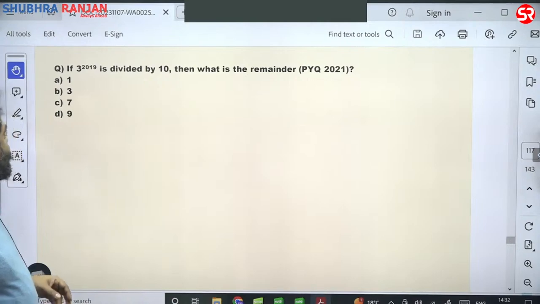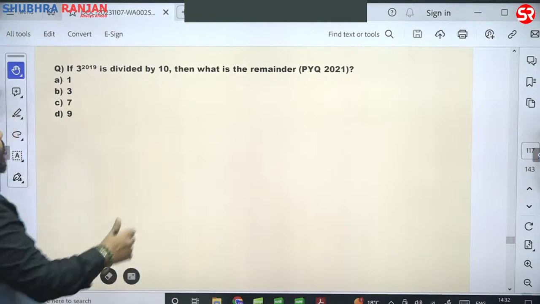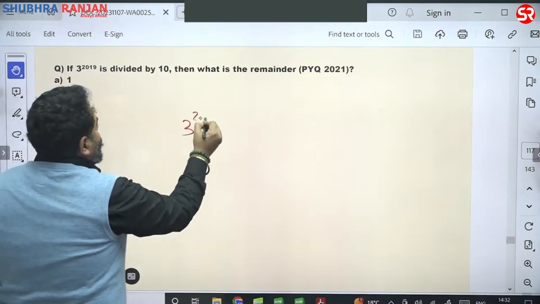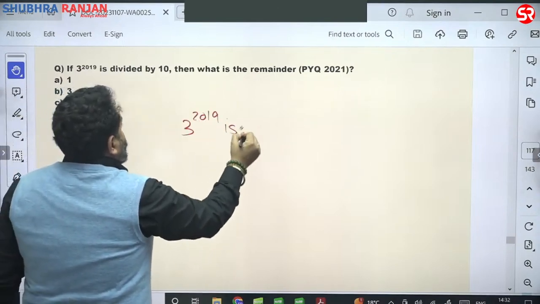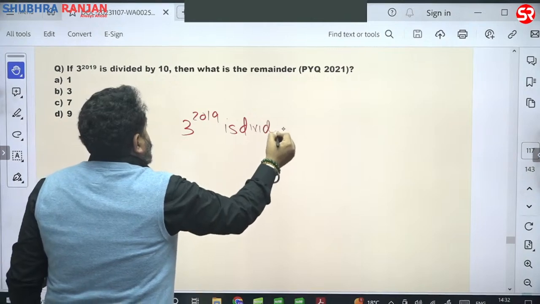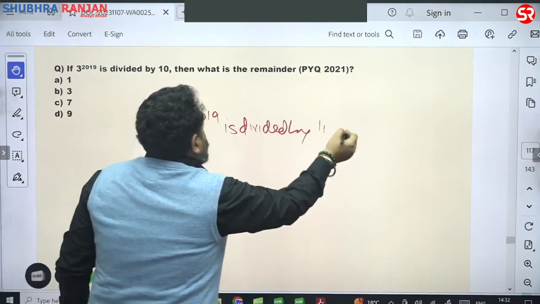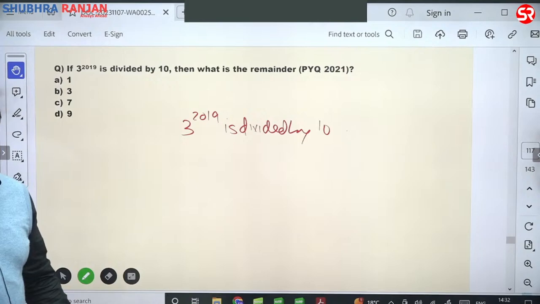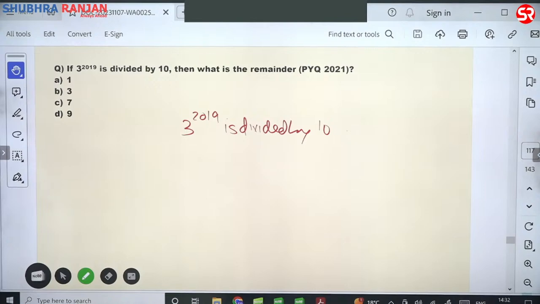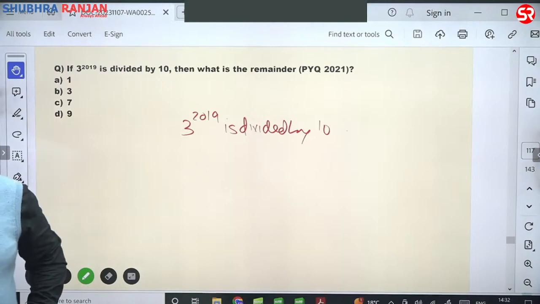See this question. 3 to the power 2019 is divided by 10. What is the remainder? Come on, do it. This is 2021.